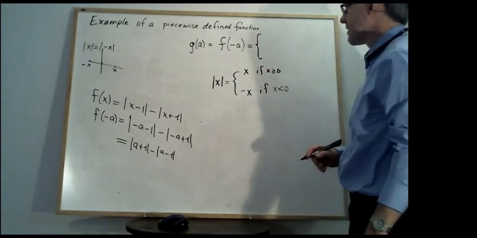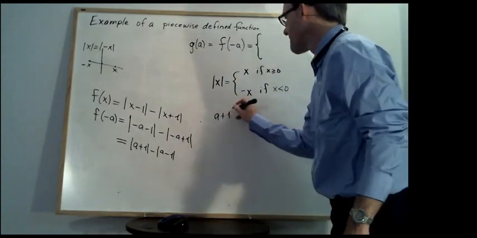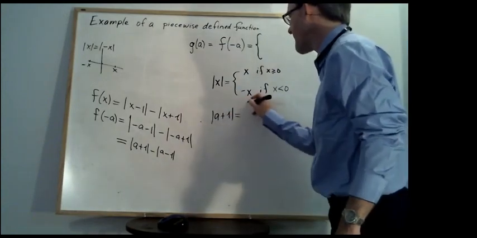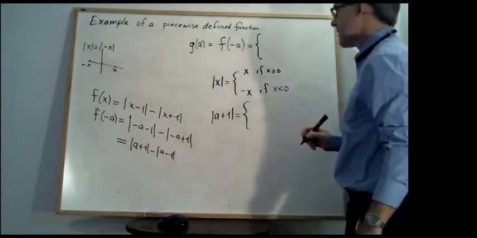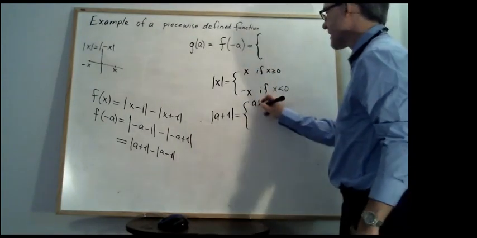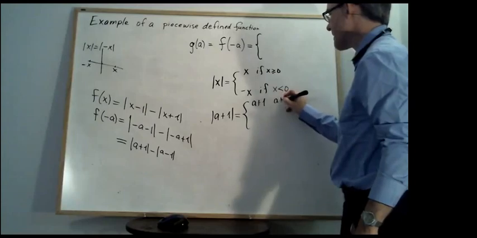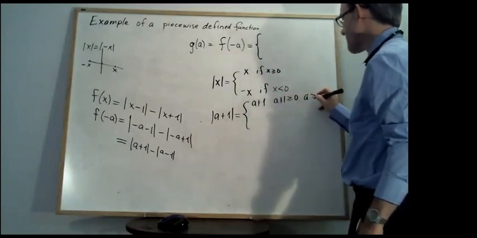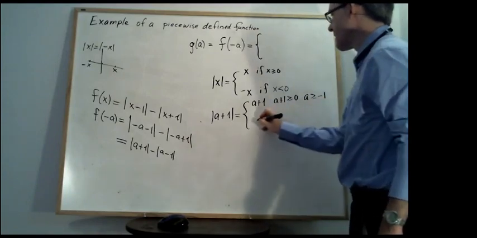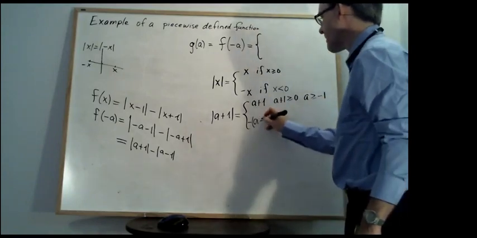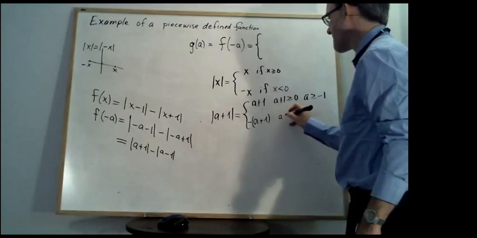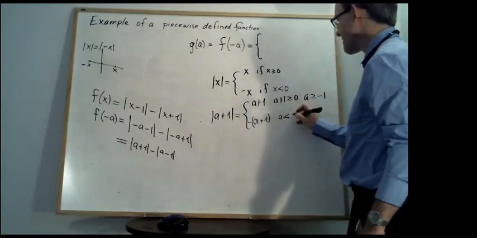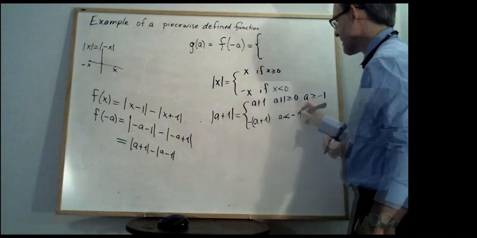Okay, if I replace this with a plus 1, let's say, the absolute value of that, then this is equal to, again, I keep the whole thing the same if a plus 1 is greater than or equal to 0, that's the same as a greater than or equal to minus 1. And it becomes negative of a plus 1 if a plus 1 is less than 0, which is the same as a is less than minus 1.